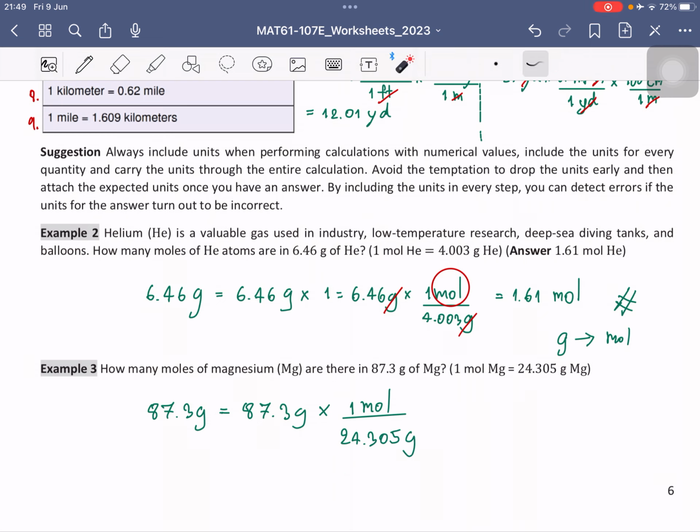Gram is cancelled by gram and the unit mole is left here. So you use the calculator again and you will get the answer 3.59 mole. Okay.